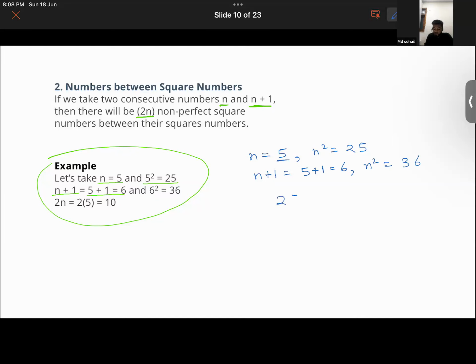Now, you are required to find how many numbers are there between 25 and 36. It can simply be found by this formula, that is simply 2n. So 2n will give you your answer here. So what was the value of n here?